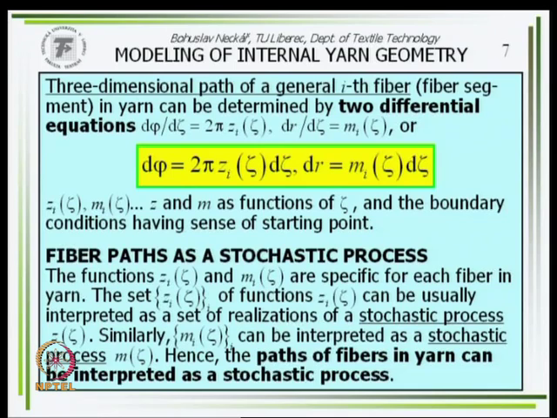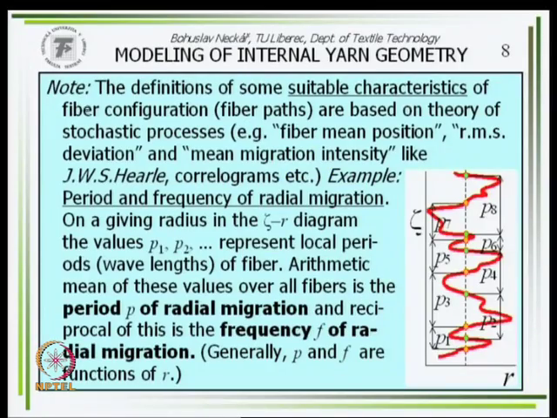Okay? So each fiber is a little differently random, oriented, not the same as the other. If it is so, then we need to use for evaluation of the yarn structure the tools related to stochastic processes.